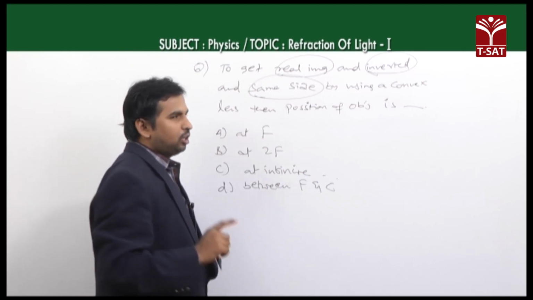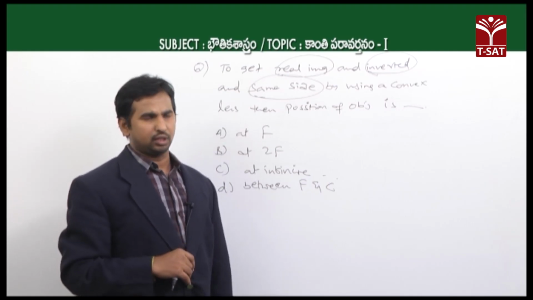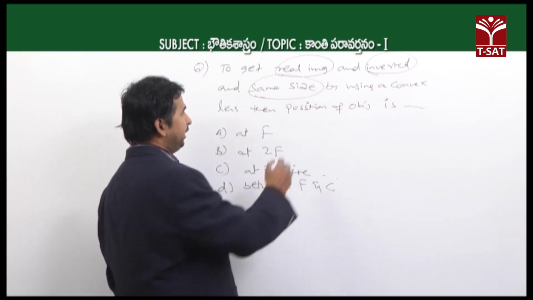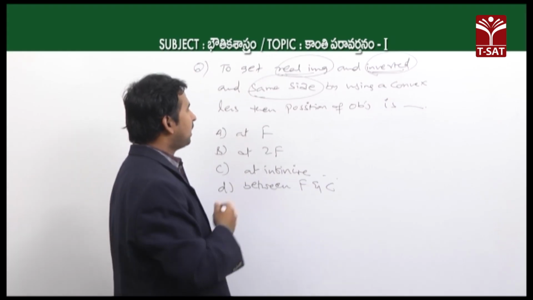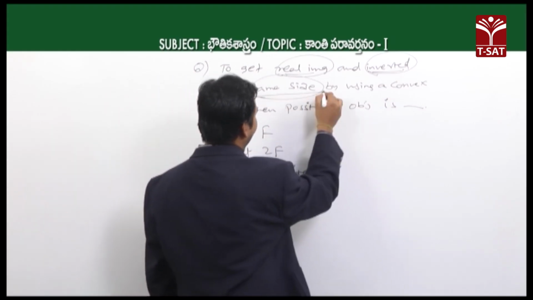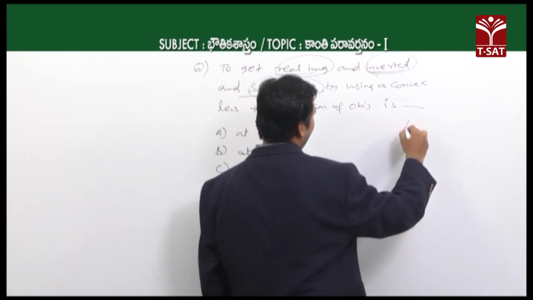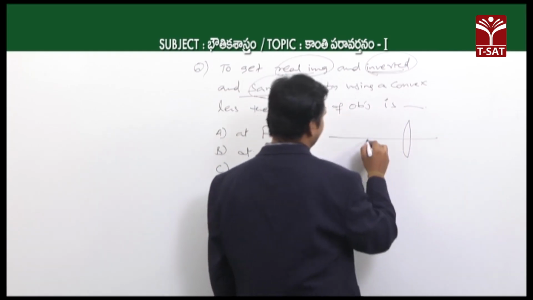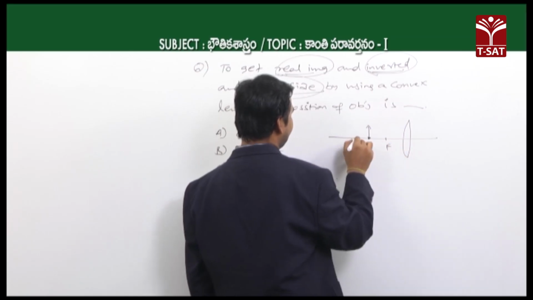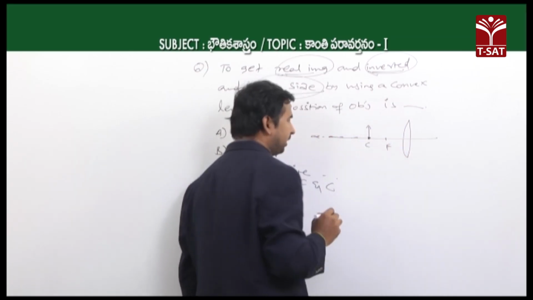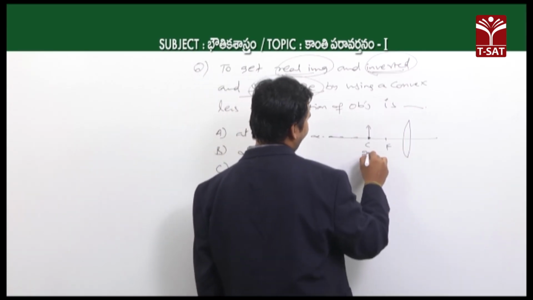But depending on the position of the object, it forms different sizes of images. Here it is forming a real and inverted image, which means it is not between f and o, whereas the size should be the same. So for the same size formation, we have to take the object exactly on the center of curvature, which is called twice the focal length, that is 2f.